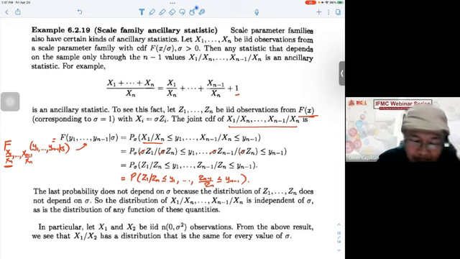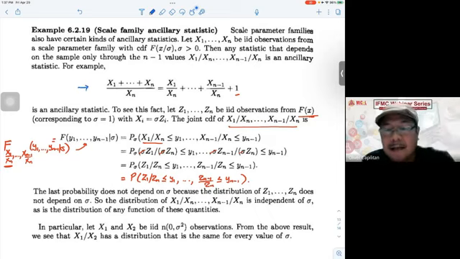Say, for example, we have here a statistic. This is a function of the sample only through the n minus 1 values of X sub 1 over X sub n up to X sub n minus 1 over X sub n.